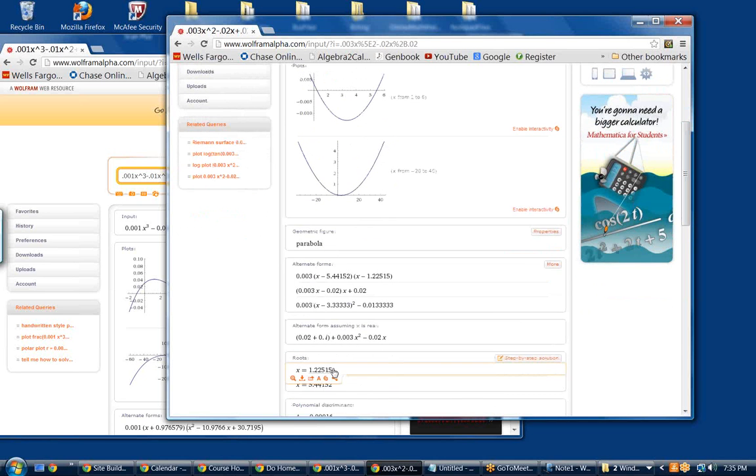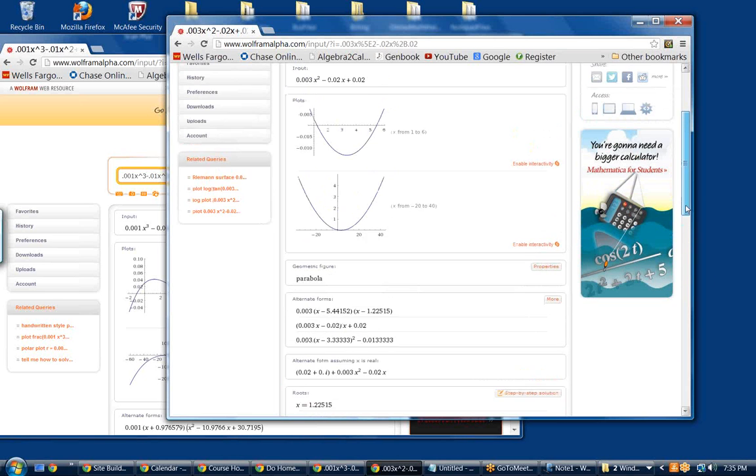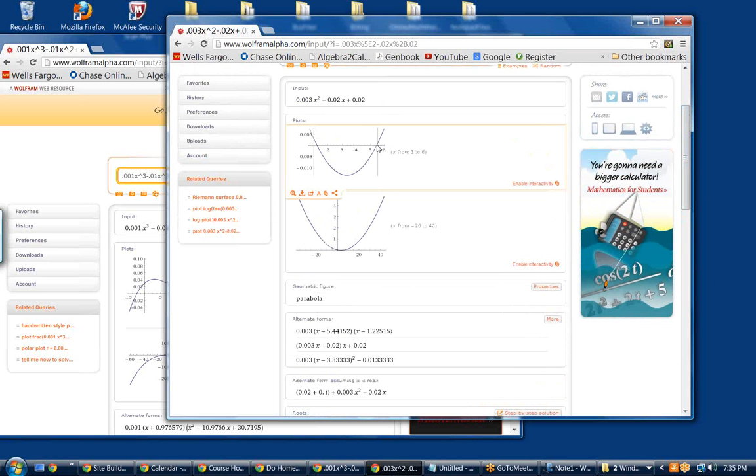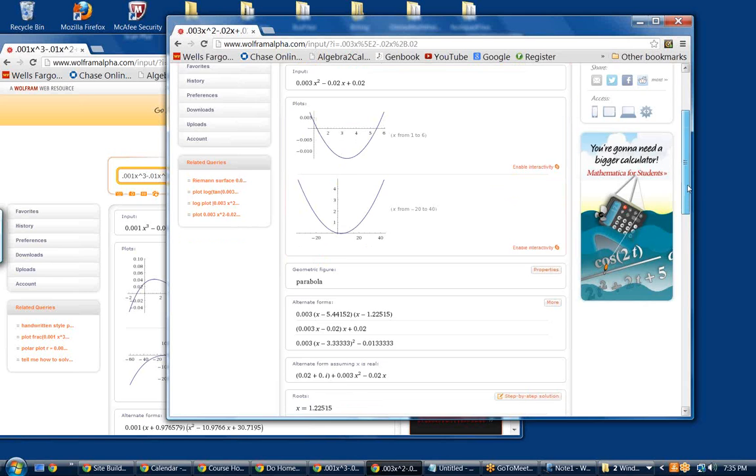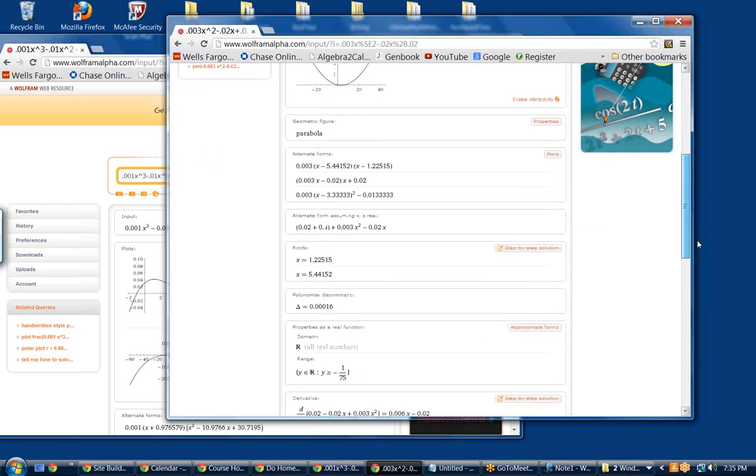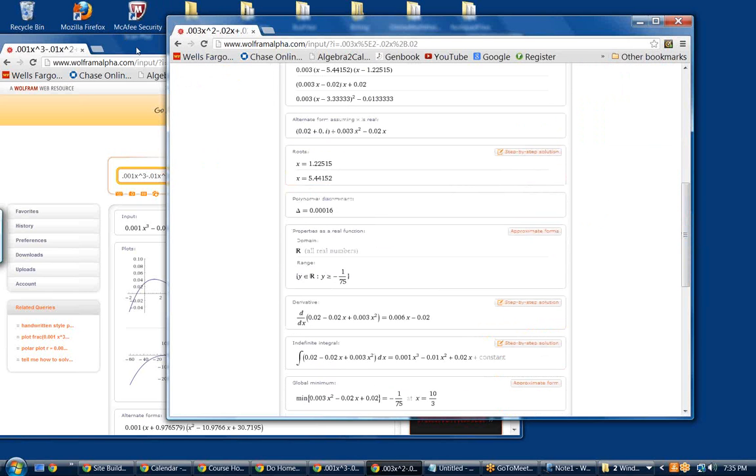They're telling us the roots of this is 1.22 and 5.44. Well, I believe the 5.44. That looks like 5.44, but there's no way that's 1.22. All right, let's go with it.